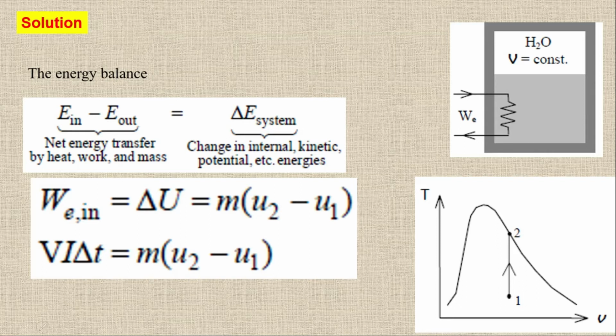For this U1, we are going to use table A5 because this is in the mixture region. So from table A5, against 100 kilopascal, we are going to check the values of V. Because it's a mixture, we have to check VF and VG, and UF and UG as well, because we have to use the formula to get the values at point number 1, which is inside the mixture.